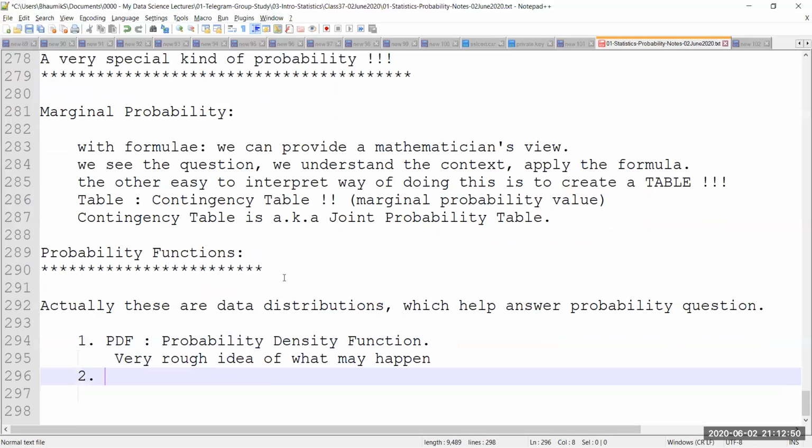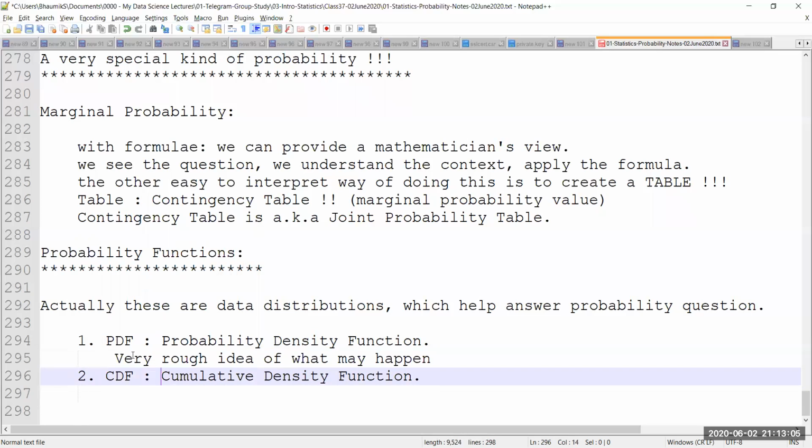The other type of density function is known as the cumulative density function. Since this is PDF, I have to give some name to this as well. So this is called CDF.